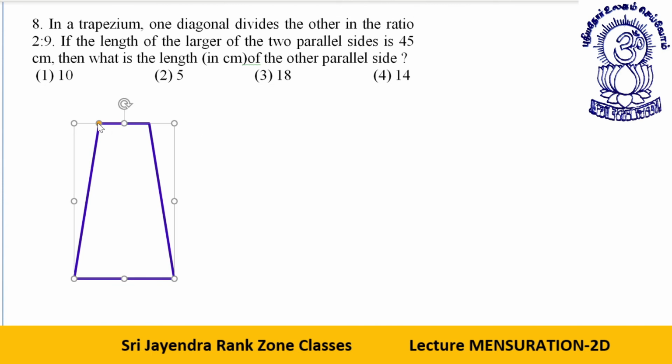Let's say it is like this. Now we have two diagonals. The other diagonal is like this. One diagonal divides the other diagonal in the ratio 2 is to 9. This ratio is 2 is to 9.